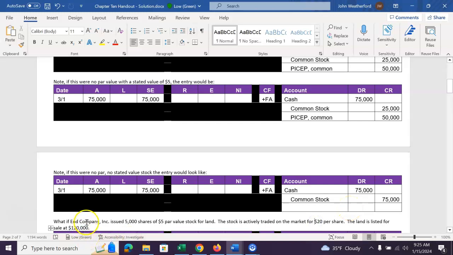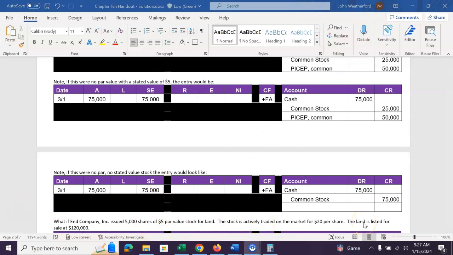So what if N Company must value this land at 5,000 shares times 20 per share, right? That's what they think it's worth. Or they wouldn't have issued 5,000 shares for it, right? Because they could have issued those shares out into the open market and received 5,000 at 20 per share.